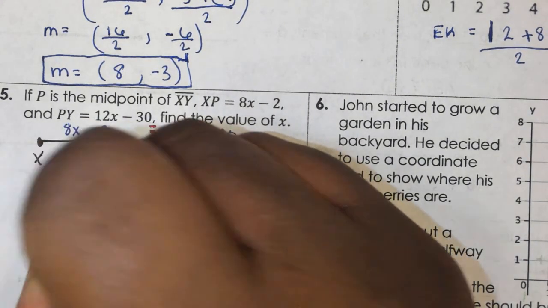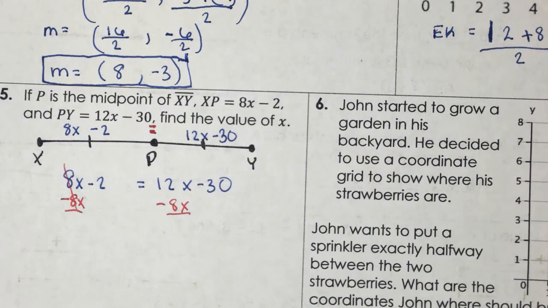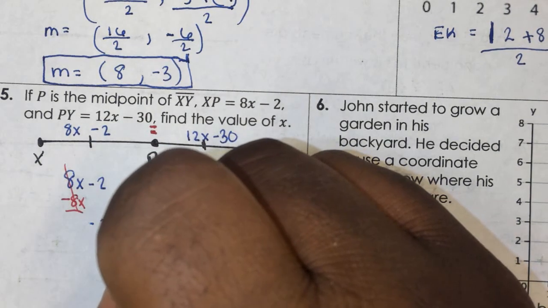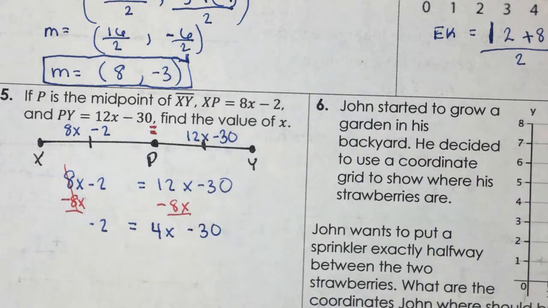Move my small variable, 8x, cancels, bring down minus 2 equals 4x minus 30.